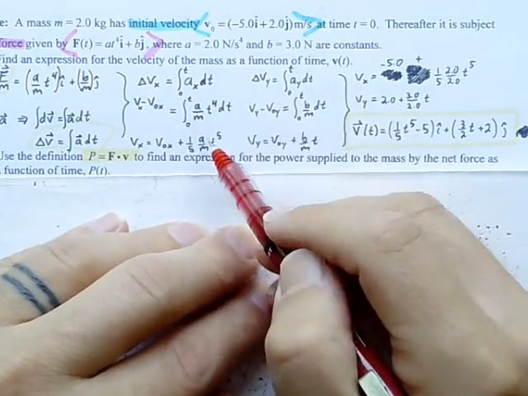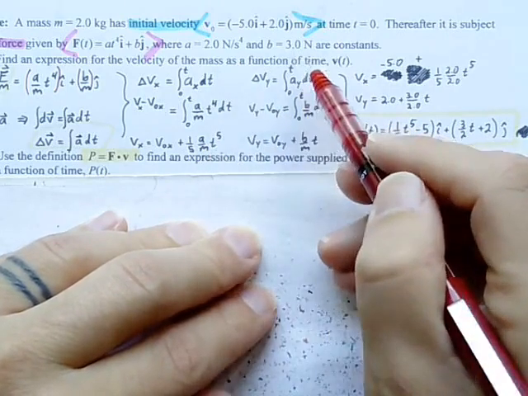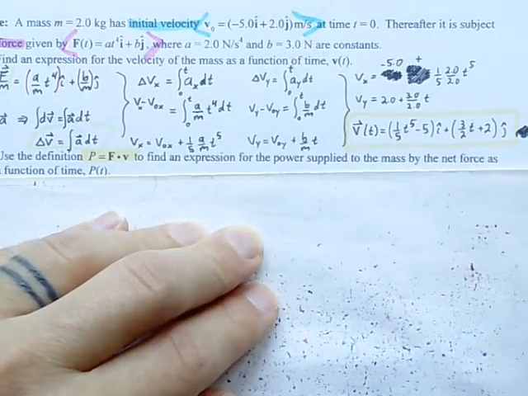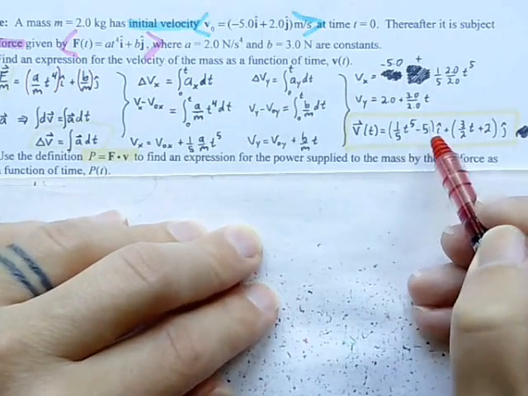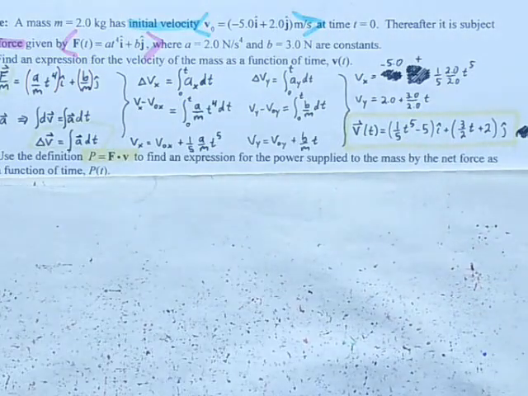A was 2 and the mass was 2, so they canceled. And then b was 3 newtons and the mass was 2, so that's where that 3/2 came from there. Okay, so Vx as a function of time and Vy as a function of time. That was task 1. That was all dynamics and kinematics with vectors and integration.